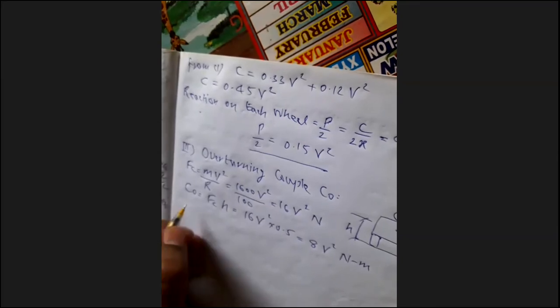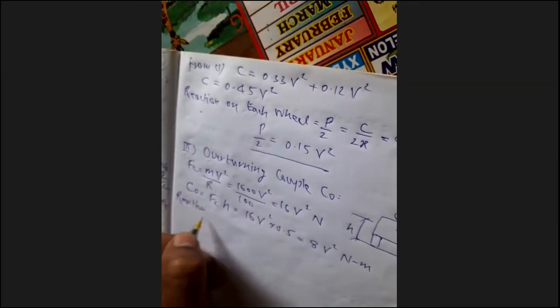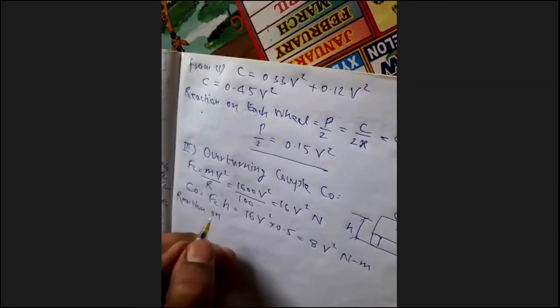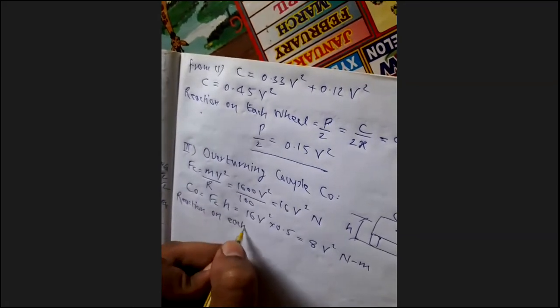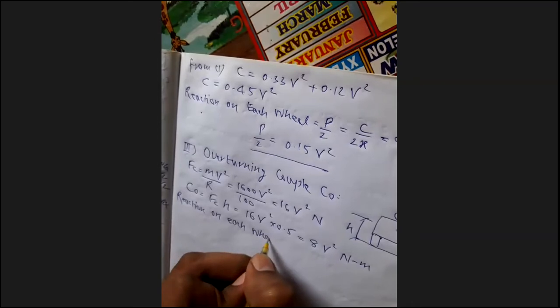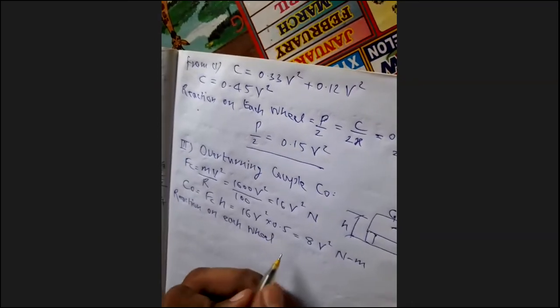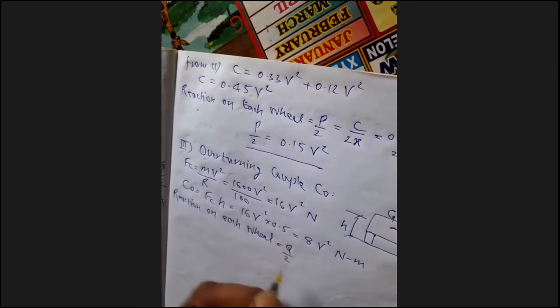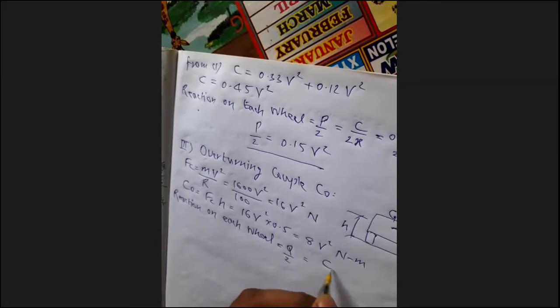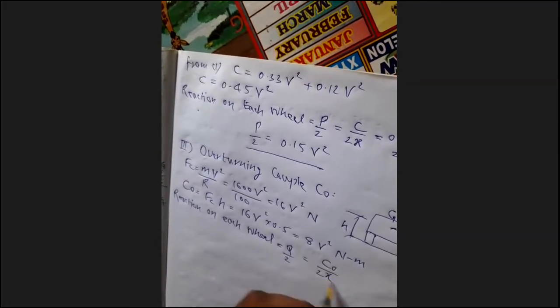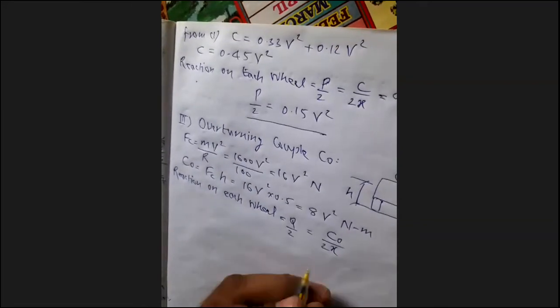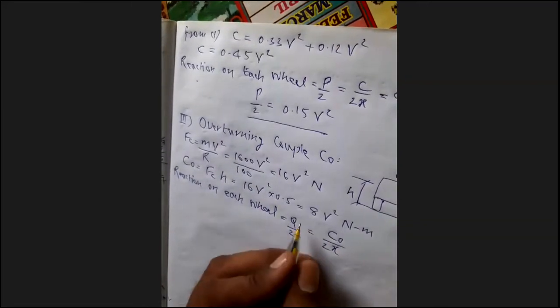Now the reaction due to overturning couple. Reaction on each wheel equal to Q by 2, again equal to CO by 2x. I explained how we get this reaction while doing the derivation.